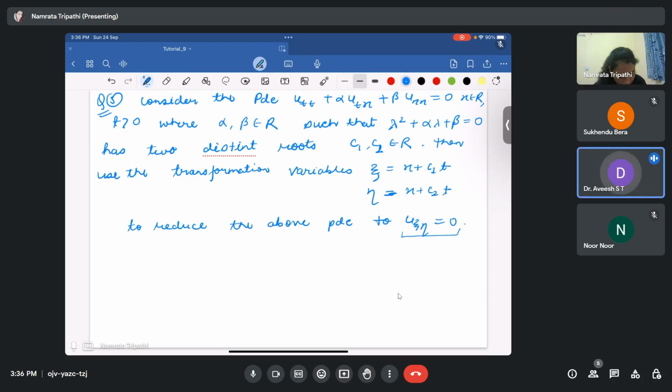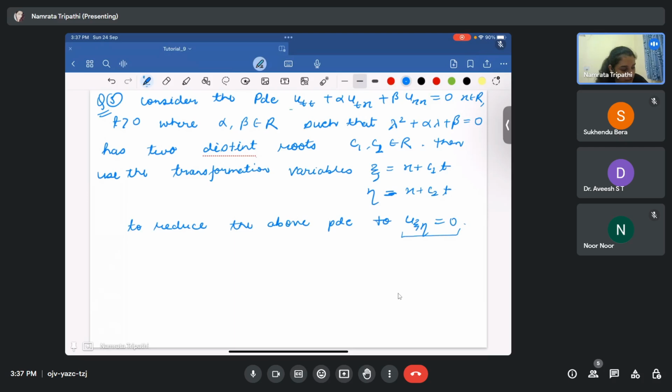First, can we consider b squared minus 4ac, to see whether it is a parabola, hyperbola, or Laplace equation? You can check this, but no need to check here. You have to just reduce the given PD.